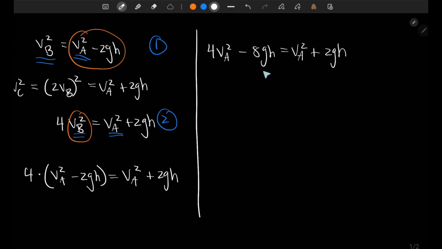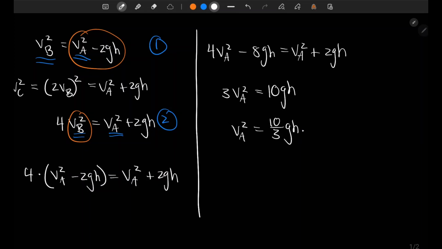Then, adding this guy over to here, subtracting this guy over to here, we get 3 Va squared is equal to 10gh. Then we find that Va squared is equal to 10 over 3 gh.